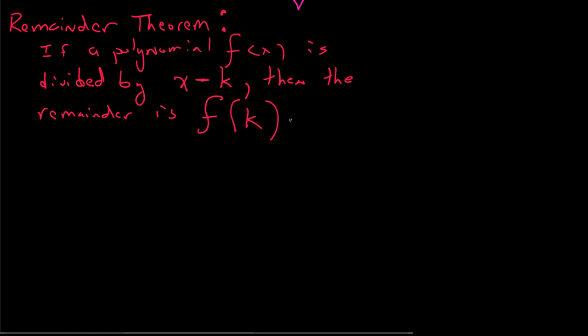Now I'm going to point to some caveats here, or some things we have to pay attention to, because this is really going to help us. This x is to no power. It's to the first power. It's x minus k, so this is a linear factor. x minus k would be a linear factor.